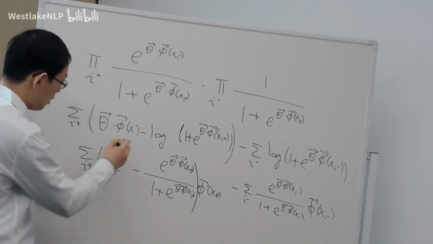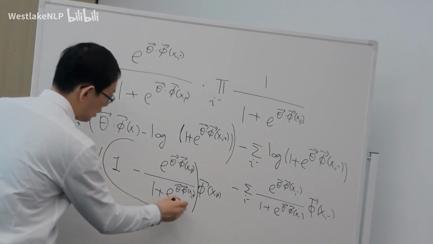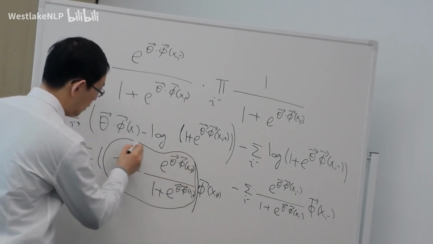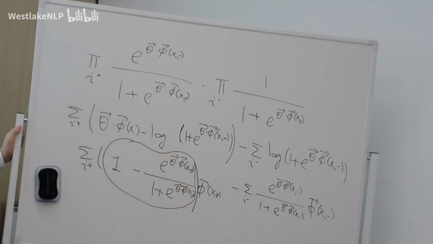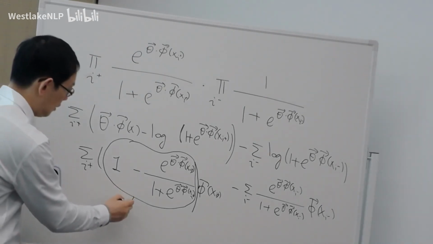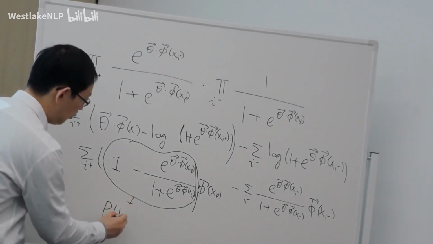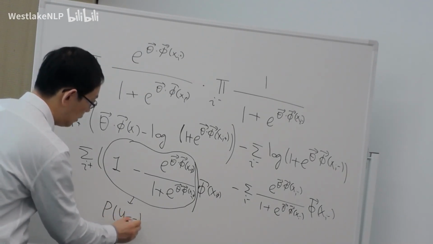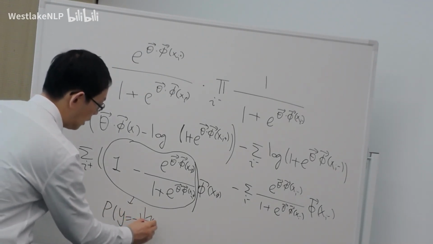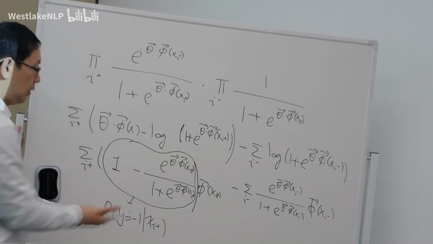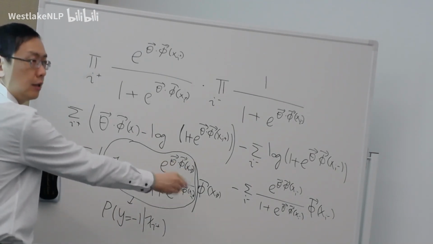So this whole thing, what is it? Can someone tell me what it is? Yes, it's the probability of y equals -1 given xi plus, right? This is the sigmoid function. This is the model score.